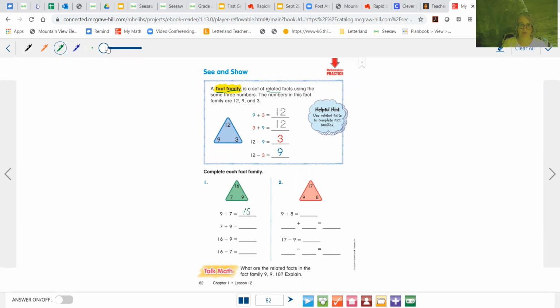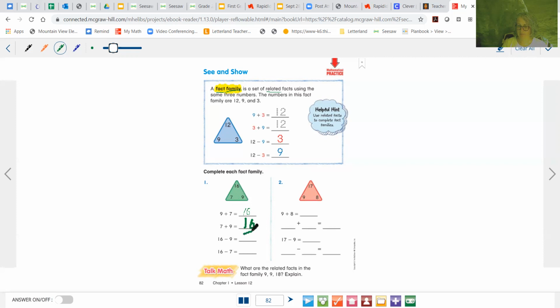Oh, that's kind of a small line. Let me make the line a little bit bigger. Okay, now we're going to go 7 plus 9. Just reverse those around, and it's still going to equal that top number of 16, the biggest number. Now we're going to do subtraction. We start with the biggest number of the three, 16 minus 9, and you look and what's left?